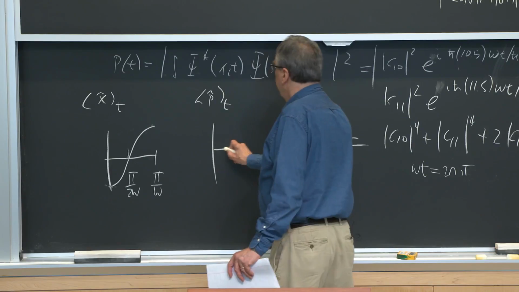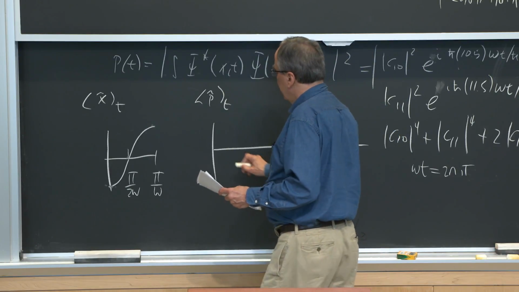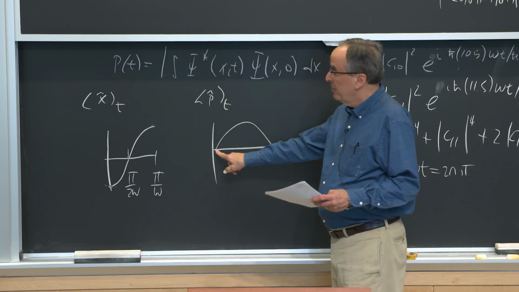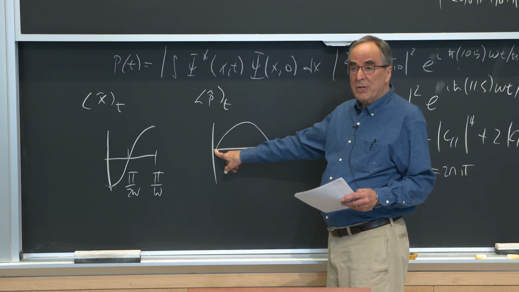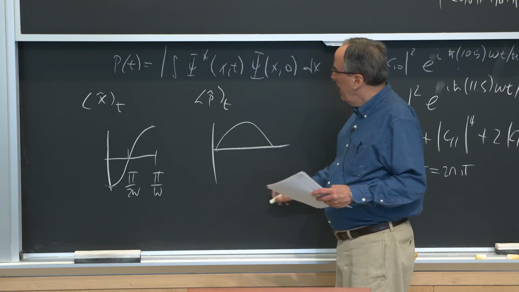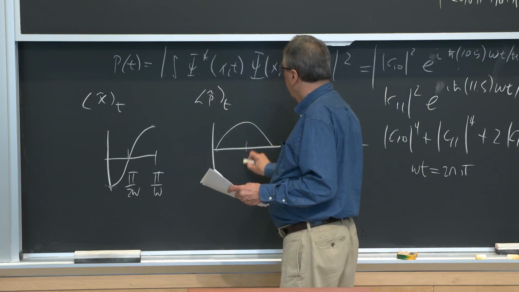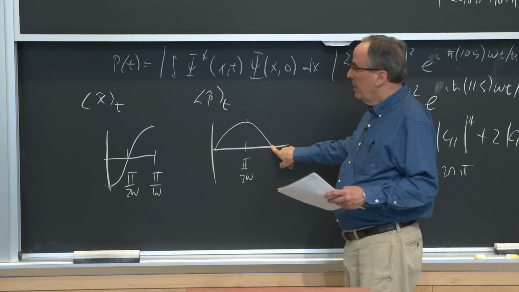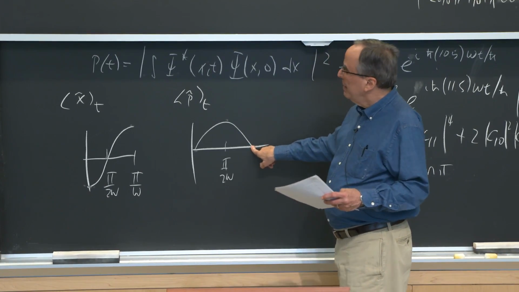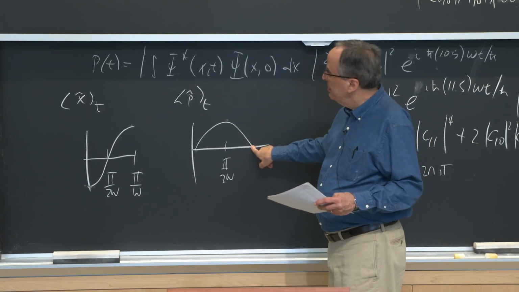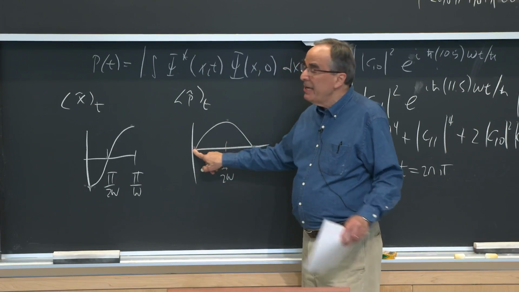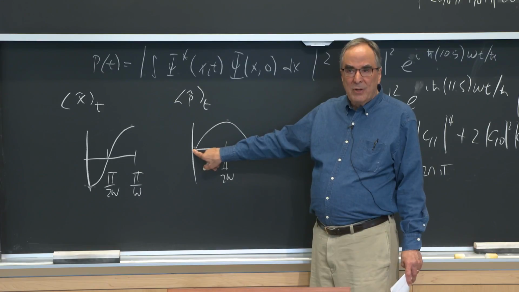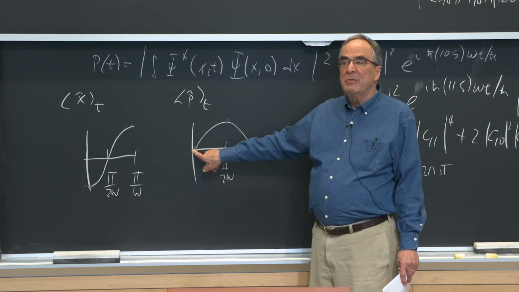The momentum, which has a different phase, starts out at 0 also, and at pi over 2 omega, it reaches a maximum, and at pi over omega, it reaches 0 again. But the important thing here is, at t equals 0, the derivative of the momentum is as big as it can get.